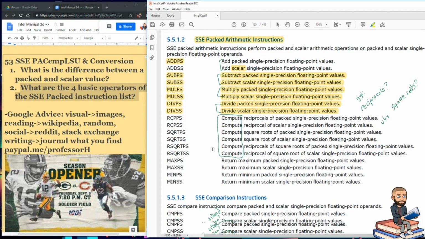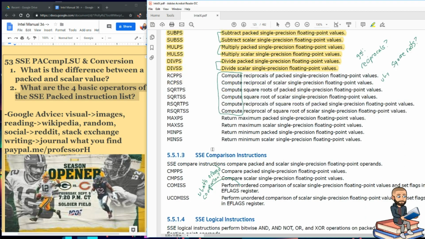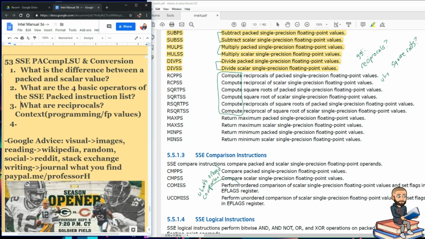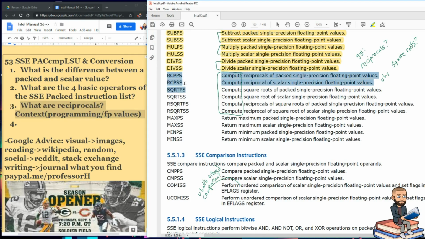Well, now we get into this whole compute section, and if you don't know what a reciprocal is, you should do that too. Use that Google advice. So here's a question to respond to. What are reciprocals? And you can type in programming or FP values right after that. Well, we got RCPPS, RCPSS, SQRTPS, SQRTSS, RSQRTPS.